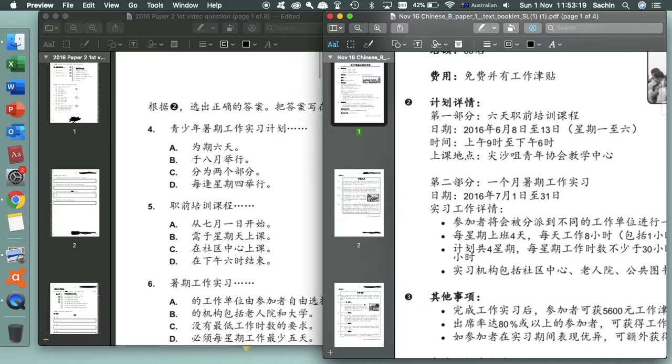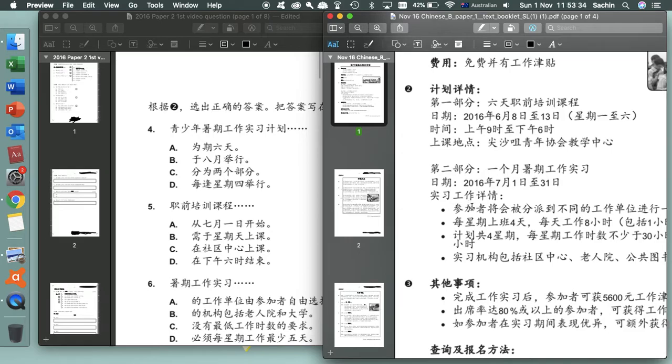And 第二部分, the second part, is a month summer work experience. And the dates there are the 1st of July to the 31st of July, so for the whole month.